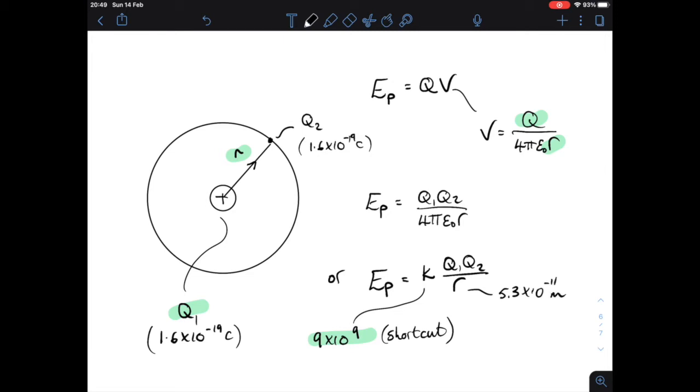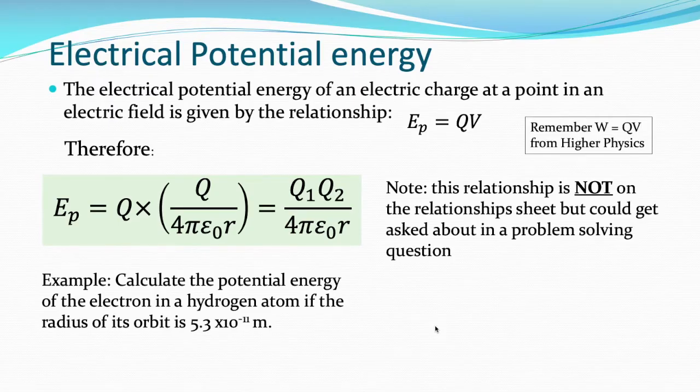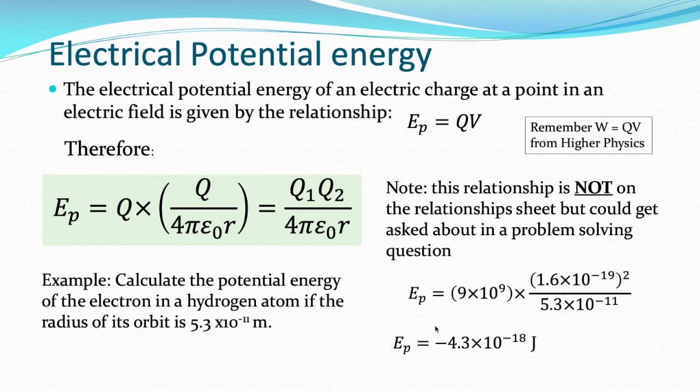We've got all the numbers we need, we can now work out that potential energy. So there's all my working then. The constant of 9 times 10 to the 9, Q1 times Q2 is our 1.6 times 10 to the minus 19 squared, divided by the radius of the electron orbit, gives us our value of potential energy of minus 4.3 times 10 to the minus 18.